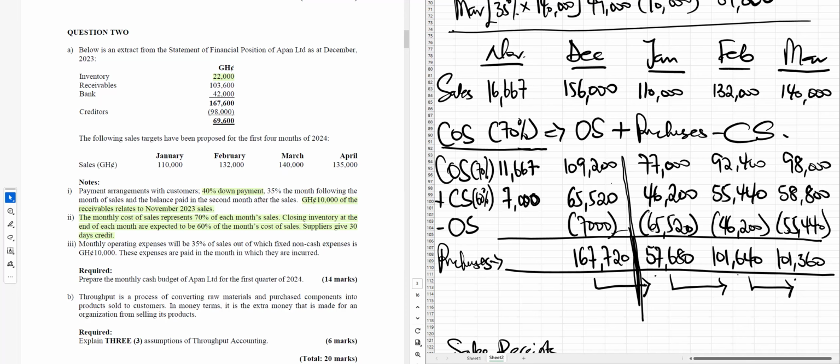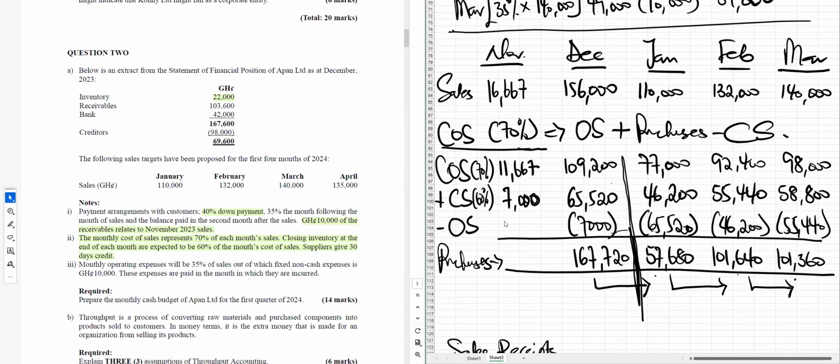So maybe we can go with what they have given us. We can go with what they have given us. So in January, yes, we'll do the January normal. But this opening stock, we have to change it to their 22, not this one.